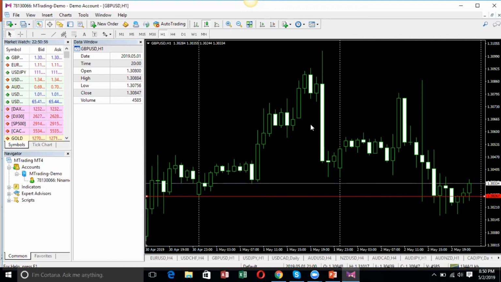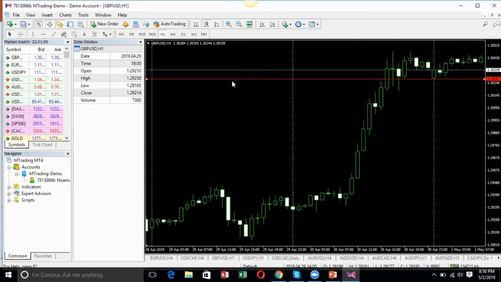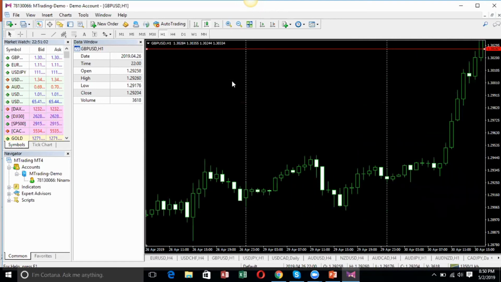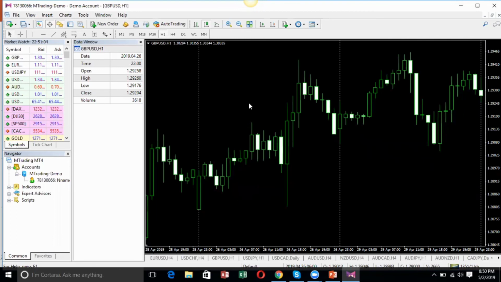But when you are on a resistance, let's look at an example. This is a resistance here. Can you see now? This resistance is coinciding with this resistance, and we're having this hanging man here.